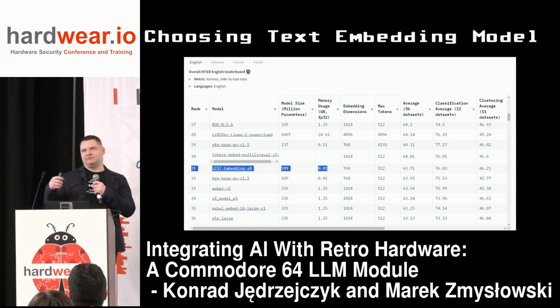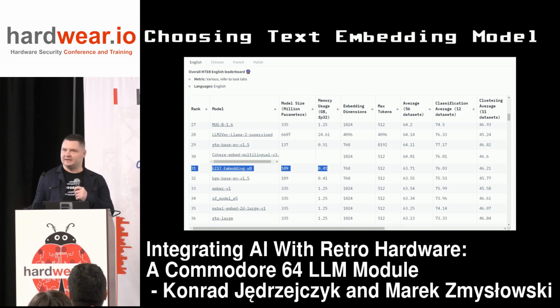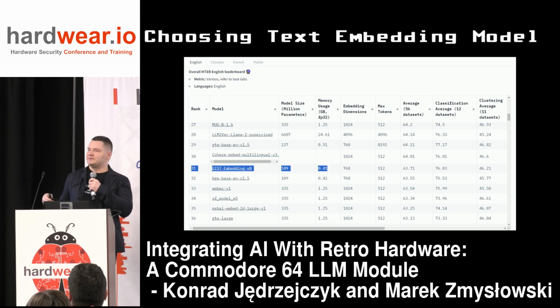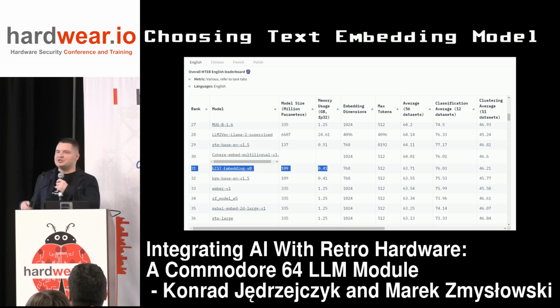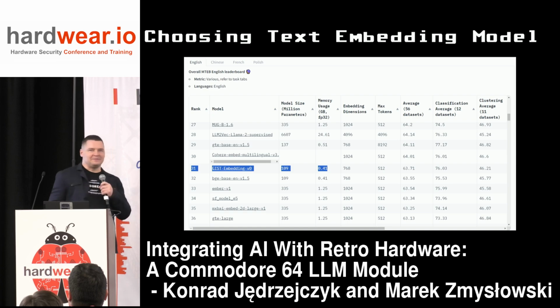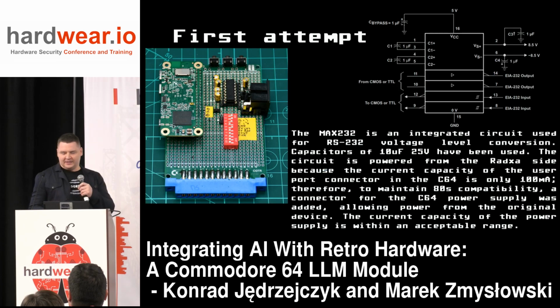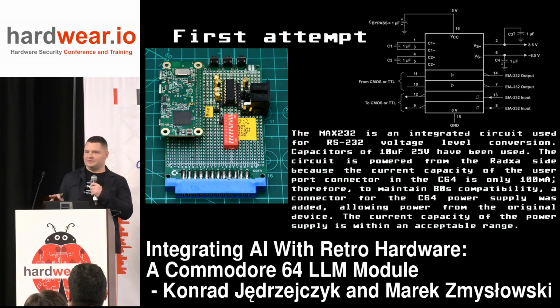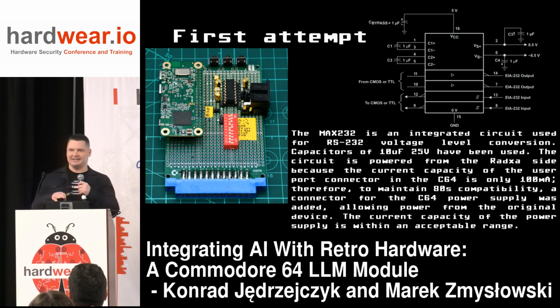Then we need to move to hardware. Again, we know how it should look, how big it is. We have our computer. Now we need some kind of interface. The chip that was very often used in the 80s was the MAX 232. This was standard for all the terminal type things. So this was the first approach.